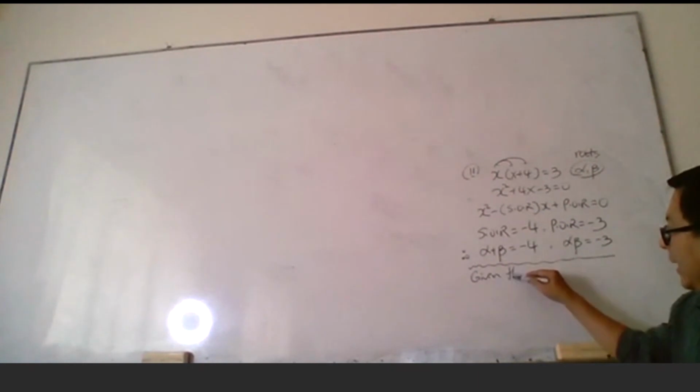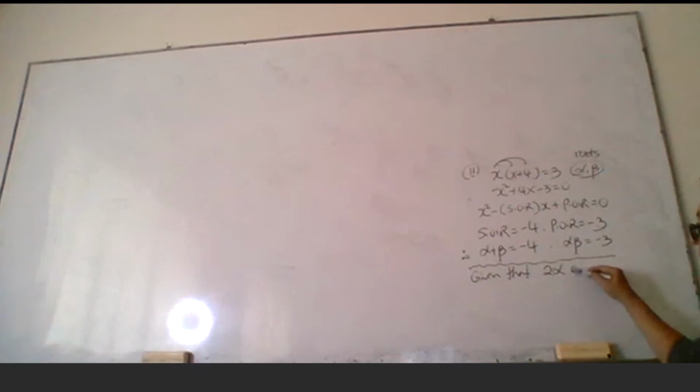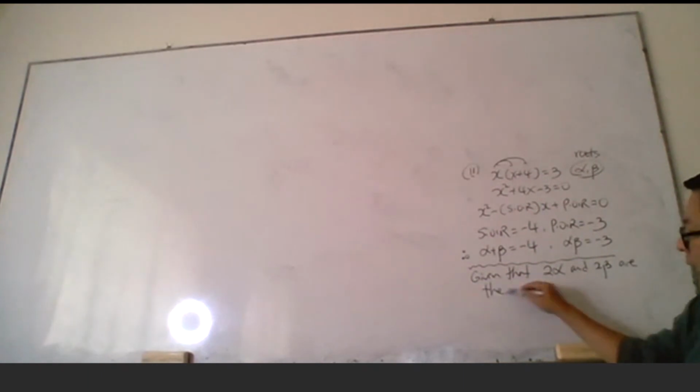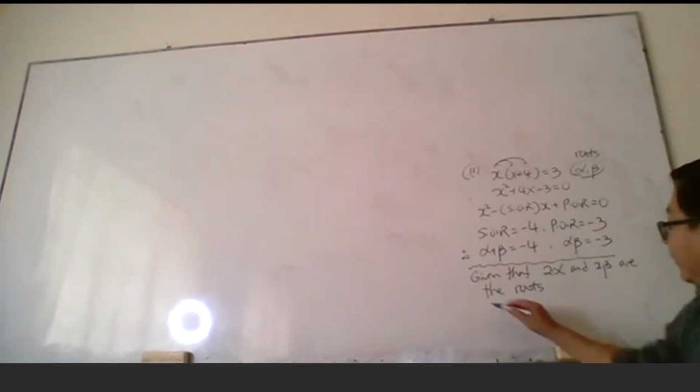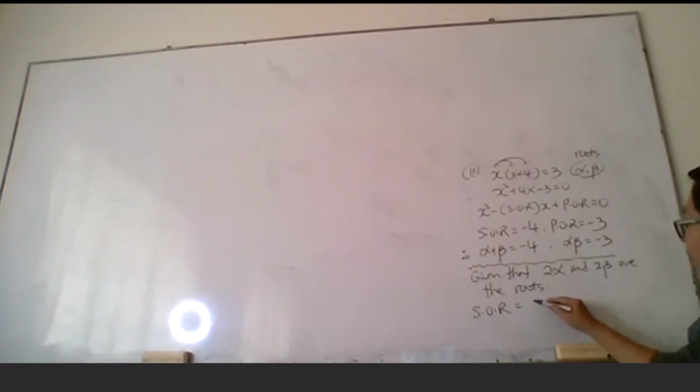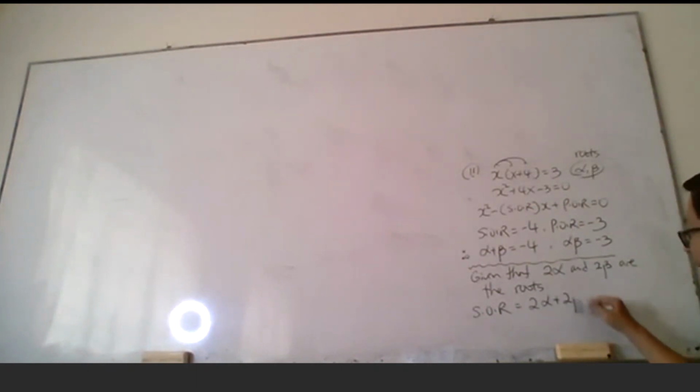Given that 2 alpha and 2 beta are the new roots, I am going to find the SOR and POR. So the SOR will be 2 alpha plus 2 beta.